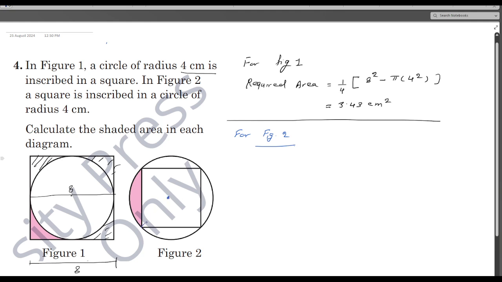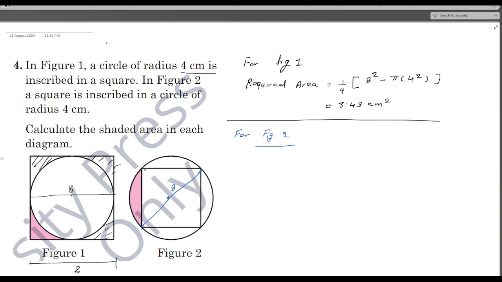Now if the radius is 4, the diagonal of the square will be of length 8. Now I have to find the area of this shaded part. Again, we can subtract the area of the square from the area of the circle.